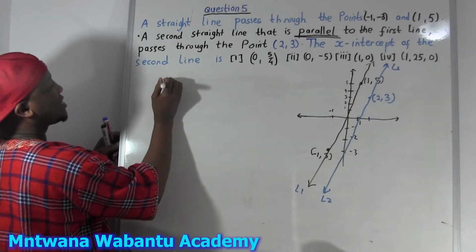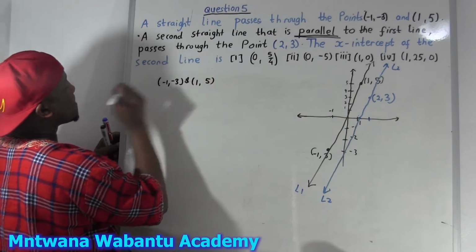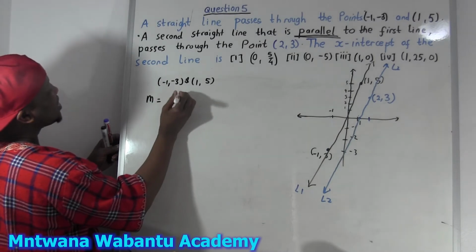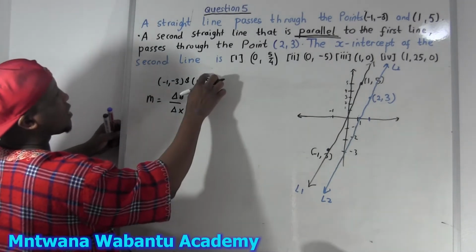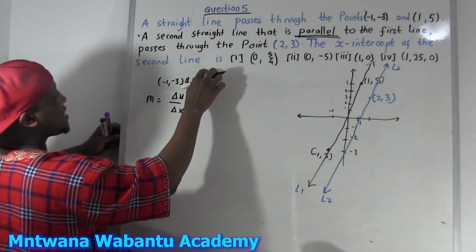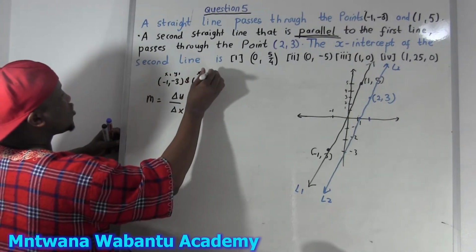So the first point is (-1, -3) and the other point is (1, 5). First find the slope. How do you get the slope? Slope equals change in y over change in x. This is x1, y1 and this is x2, y2.